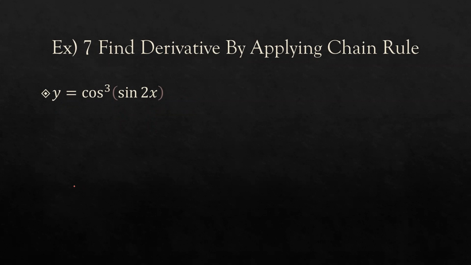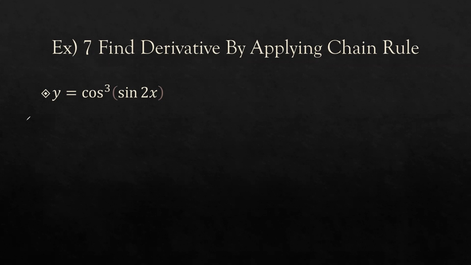So we have y equals cosine cubed of sine 2x. This one you might have to apply the chain rule 3 times. I know that sounds kind of weird. But first, this is what throws off a lot of people: it's this cosine cubed.